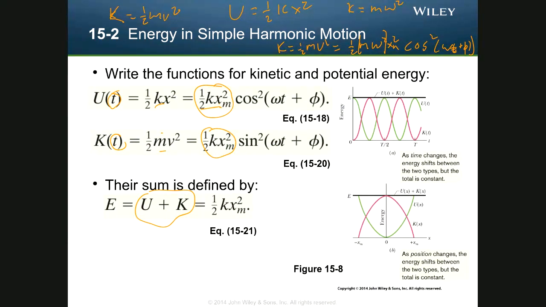So our energy is conserved, and we can look at the energy diagram here. You'll notice this nice constant energy line up top.